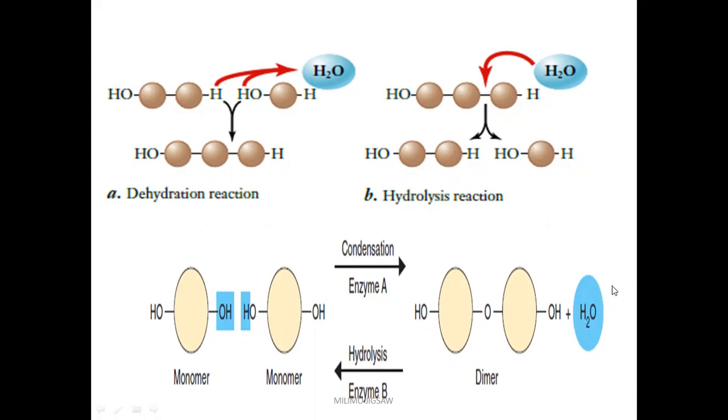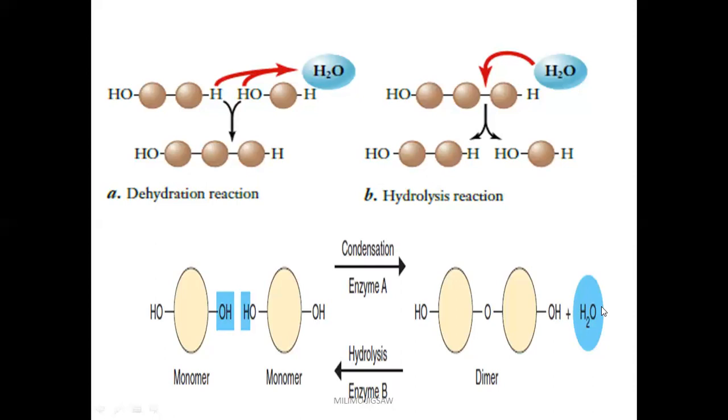So a condensation reaction will result in the production of a water molecule that we see there. This simple chemistry is the same that we find in the linking of amino acids together to make a protein, or in the assembling of glucose units to make a polysaccharide such as starch.